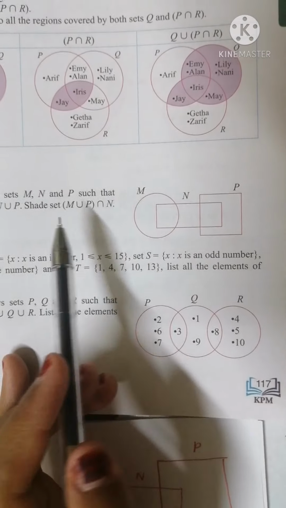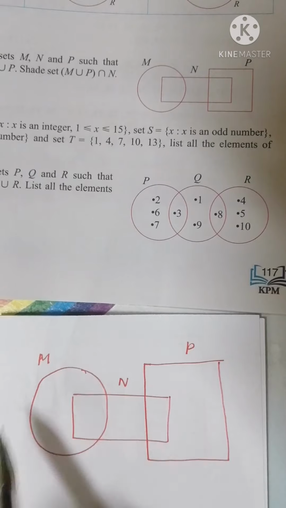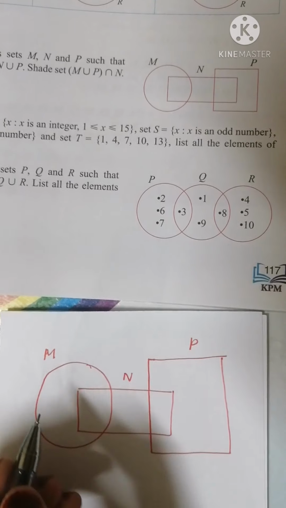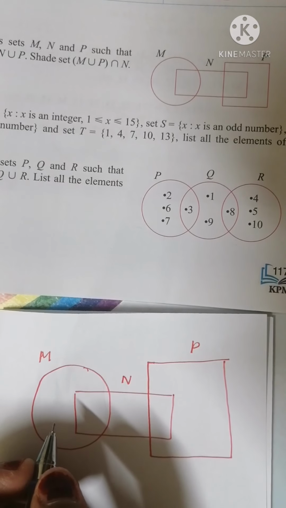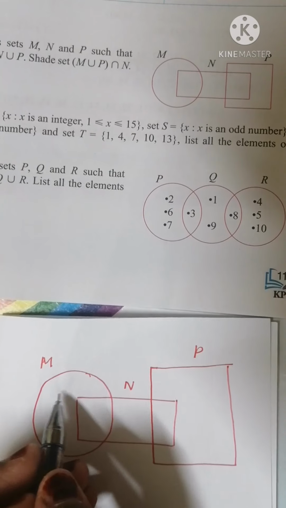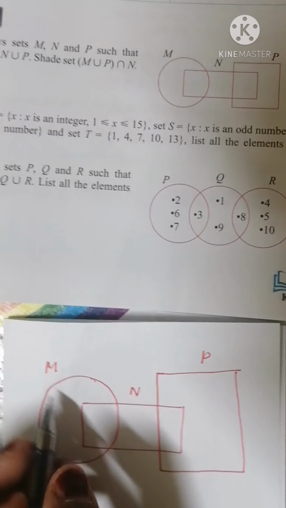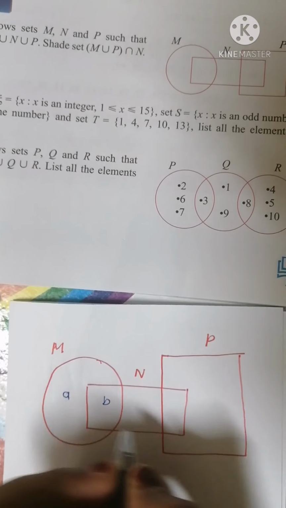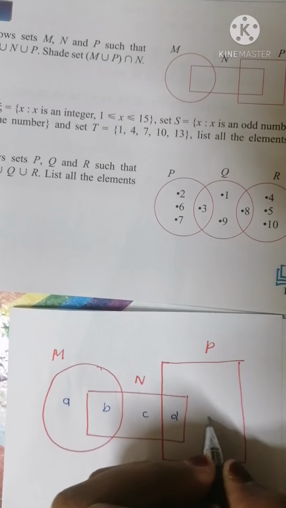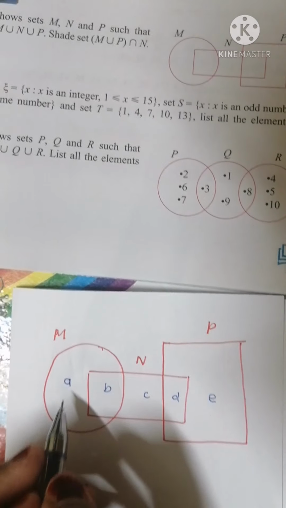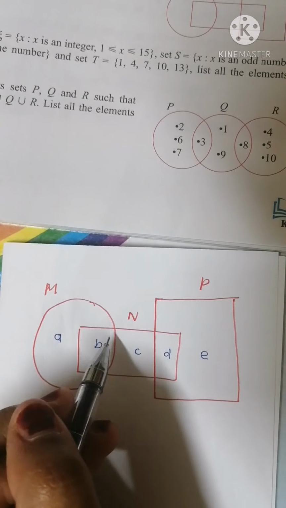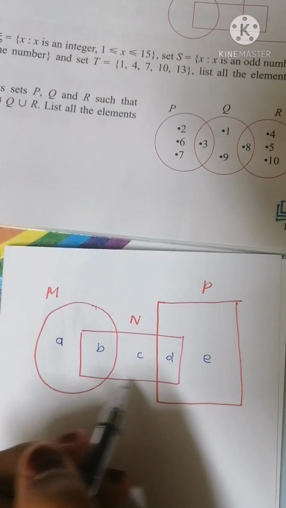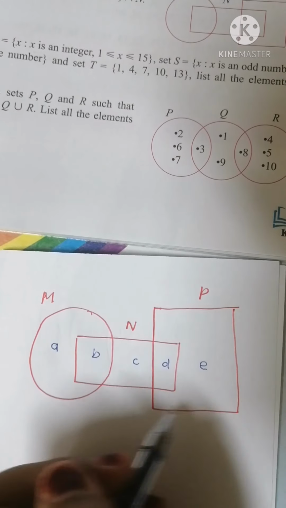Remember, the first thing you need to do, if there is no element given here, is to label every part of this set. So you need to label A, and then B, C, D, and E. You need to label each part: part A, part B, and then C, D, and E.